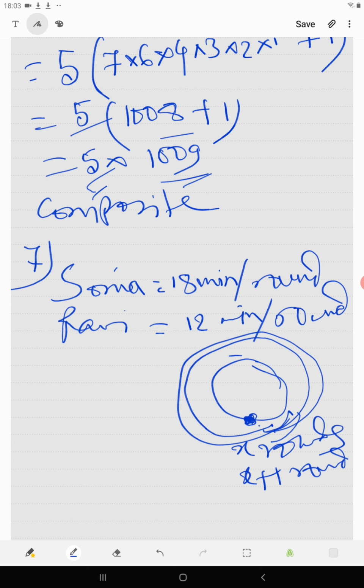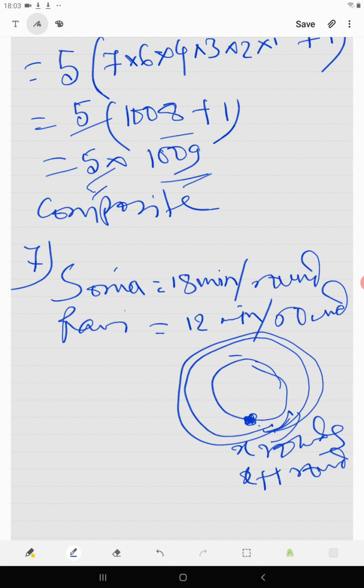This is very important. I don't know the number of rounds. For the time being, suppose they meet in 6 rounds: Sonia covers 6 rounds, Ravi will cover 7 rounds the first time. Then suppose after 12 rounds they meet, Sonia completes 12, but Ravi completes 14 rounds, because he got one round over the previous, and the second time they meet, one round more again.